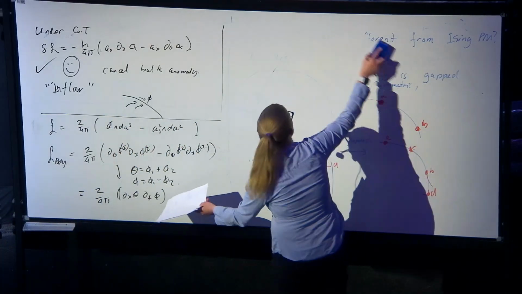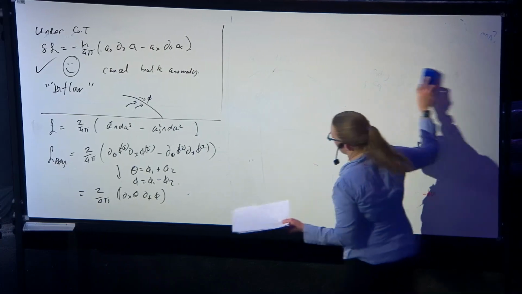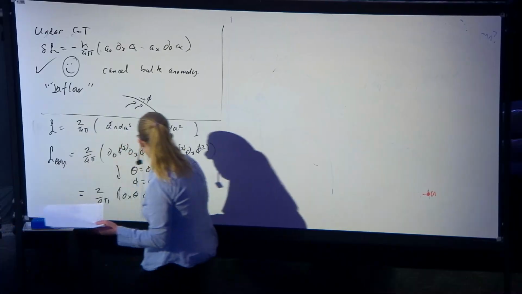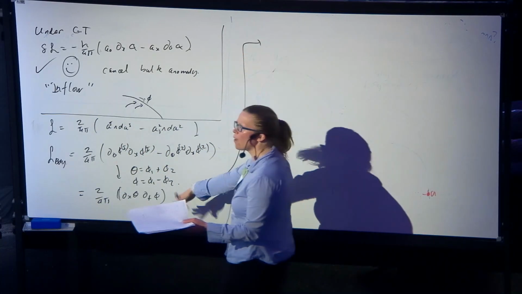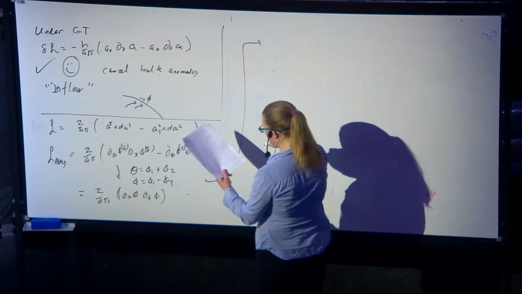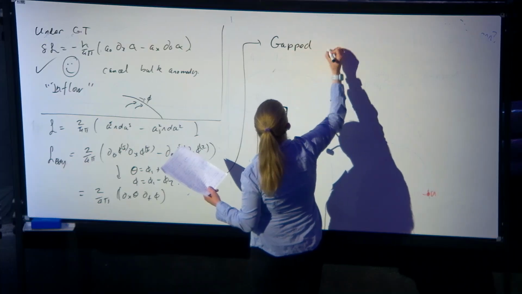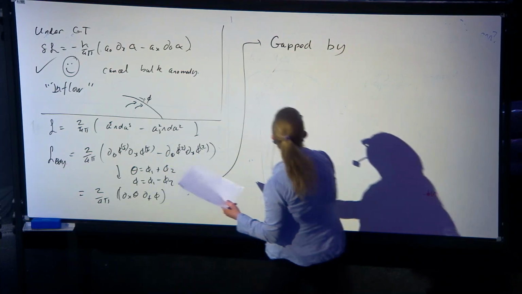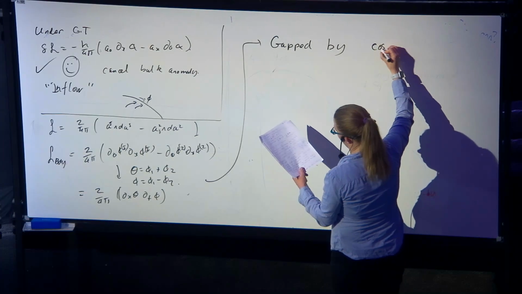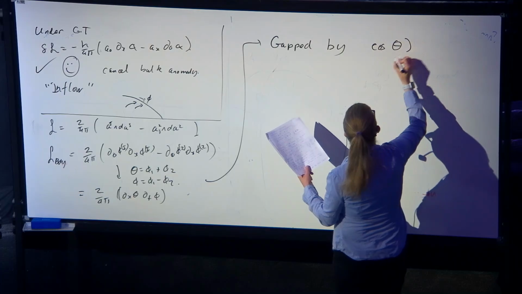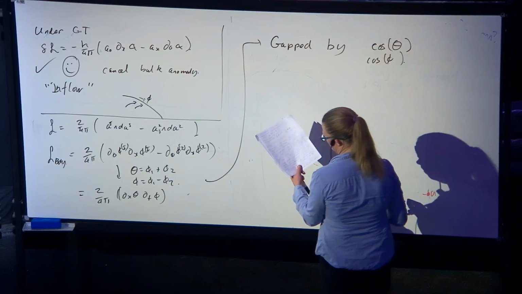However, here, there's no such obstruction because now I have a theta and a phi. So the fact that I have these two guys means that, and I could add velocity terms, none of this really changes qualitatively. So this edge is gappable. And explicitly, it can be gapped by adding terms of the form cosine of theta or cosine of phi, okay?